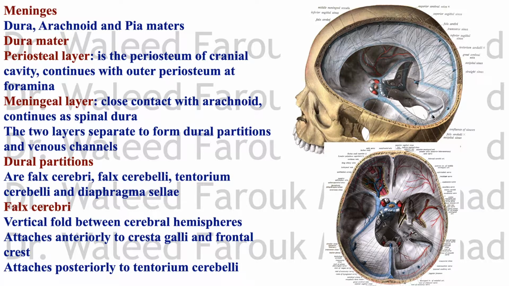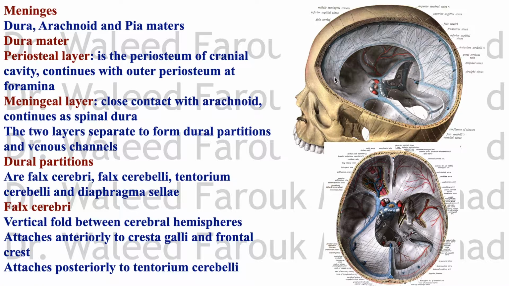The tentorium cerebelli is a horizontal fold, and the other horizontal fold is the one that covers the pituitary gland, called the diaphragma sellae. So it's falx cerebri, falx cerebelli, tentorium cerebelli, and diaphragma sellae: two vertical and two horizontal folds.